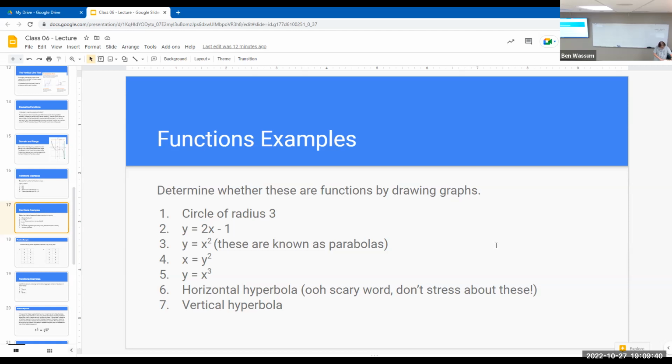It's going to be the first time you see the parabolas. And are you ever going to see one again? I don't know. You ever going to go higher in math? Because if you do, yes.